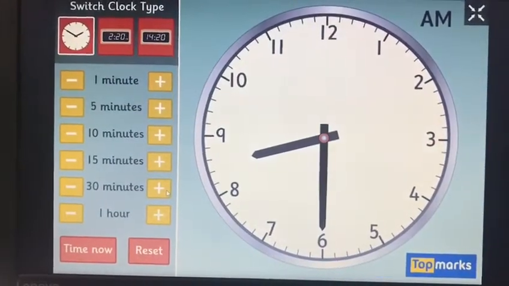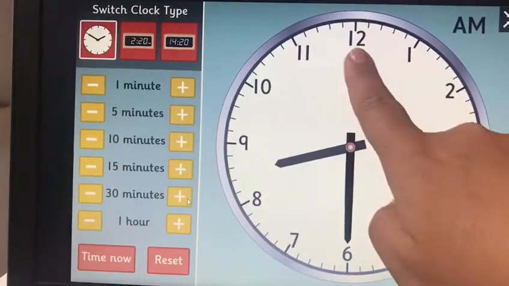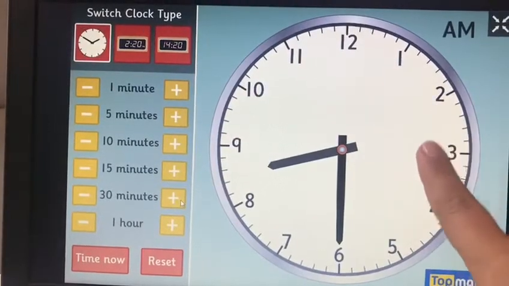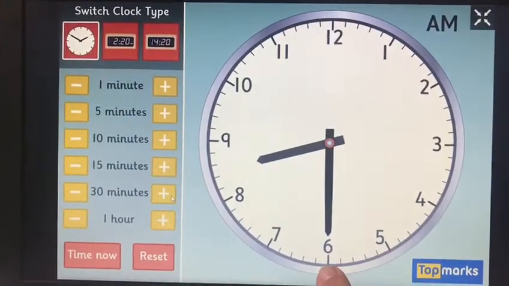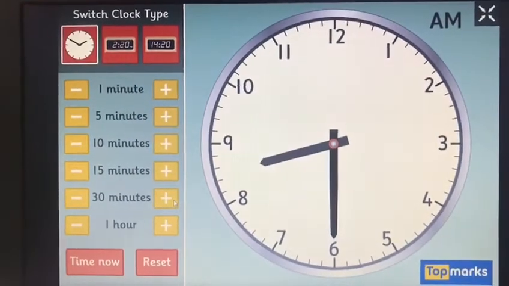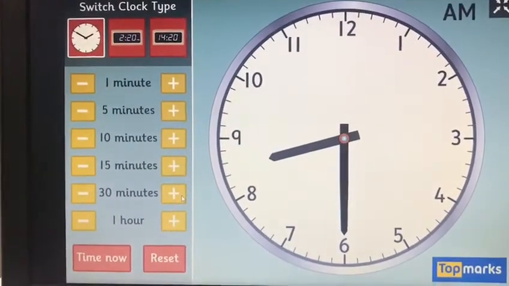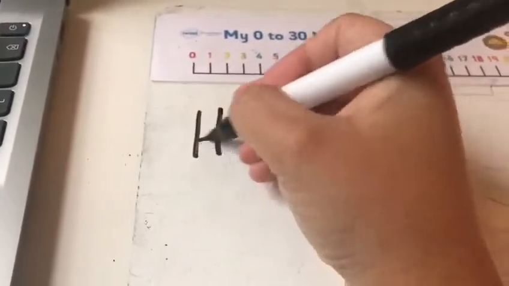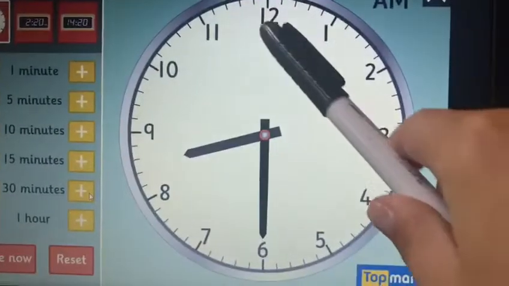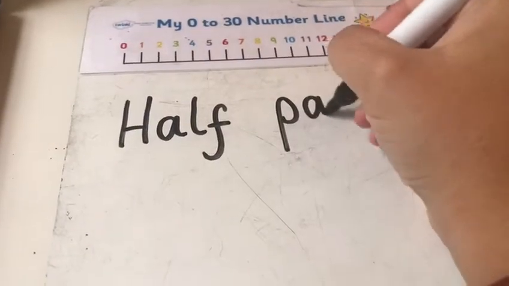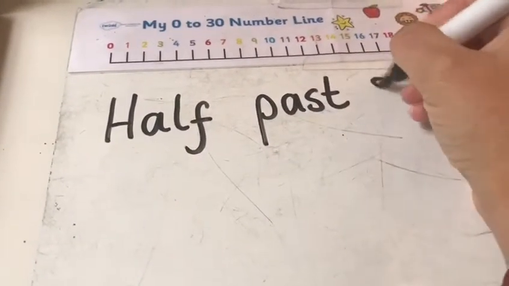So count with me if you can, starting here. 5, 10, 15, 20, 25, 30, which means it's 30 minutes past 8, or we often call it half. Remember, I told you that it's gone halfway across the clock. Half past 8.